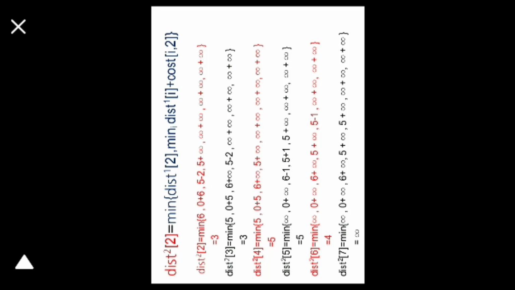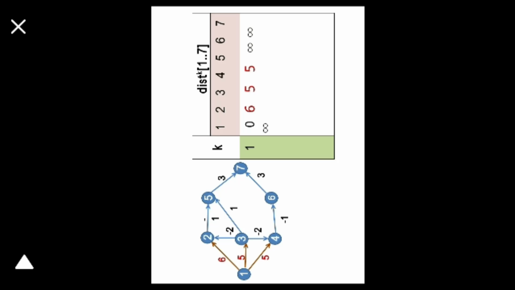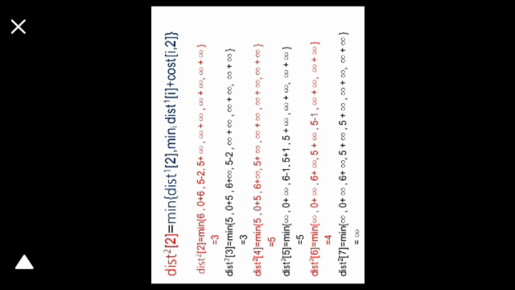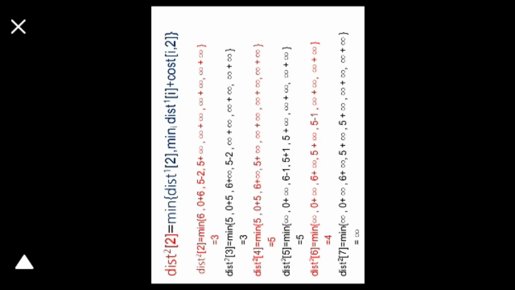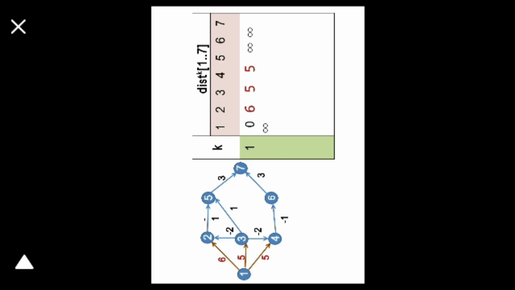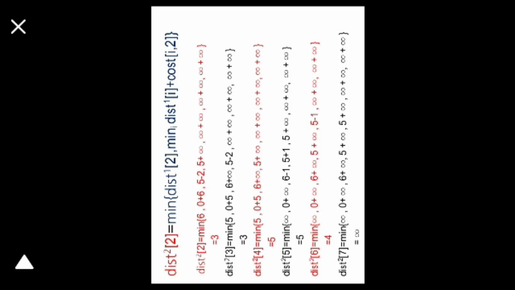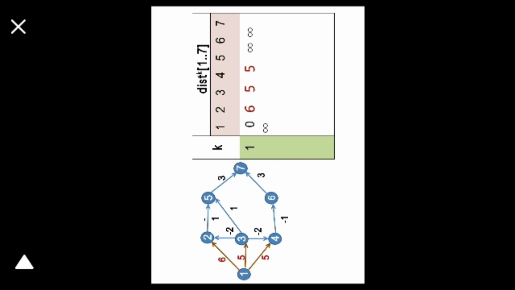Because here we are calculating for 2 itself, source to 2 is no need to write. Then source to 3, how much, 1 to 3 is 5 plus 3 to vertex 2, 3 to vertex 2 is minus 2, okay, 5 minus 2.